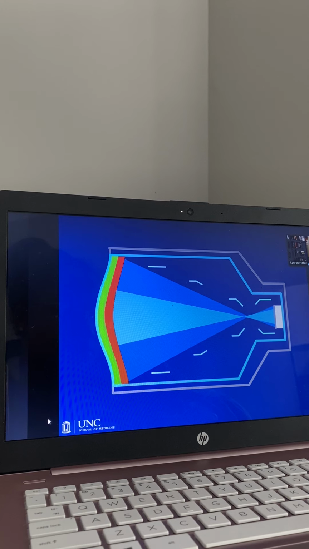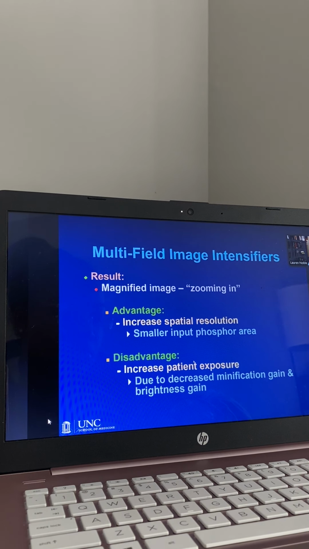But the downside is patient exposure is going to end up increasing. So the radiologist should only use the mag mode when they truly need to see better image detail, because they need to minimize patient exposure. All right, you okay with that?